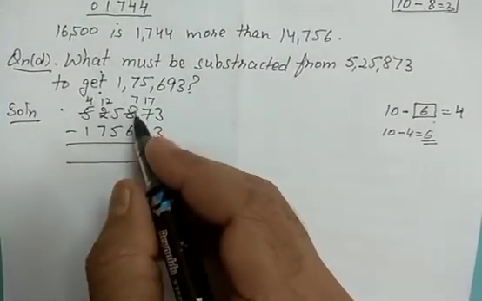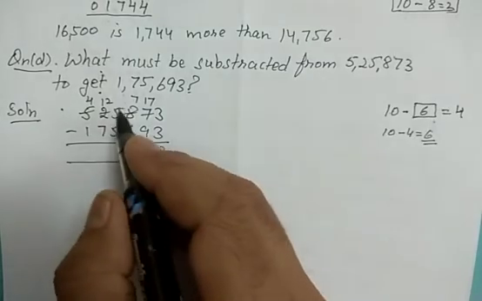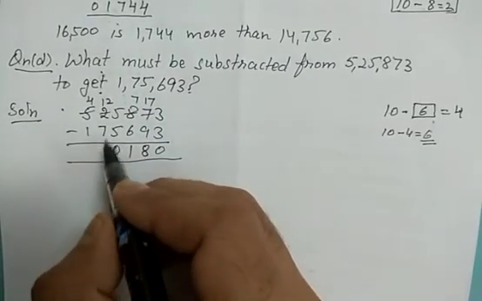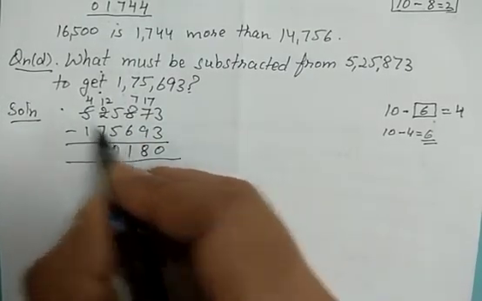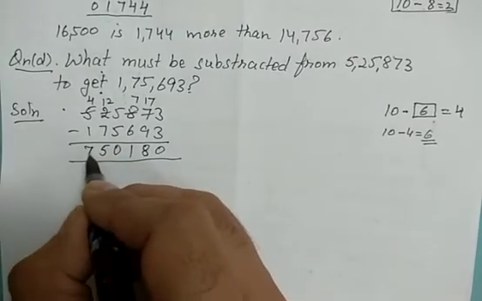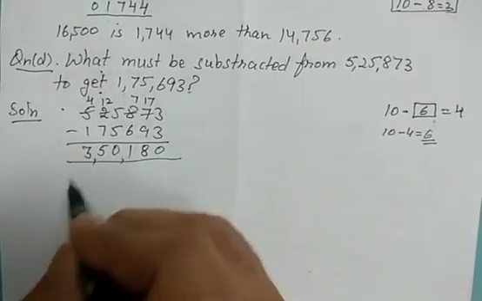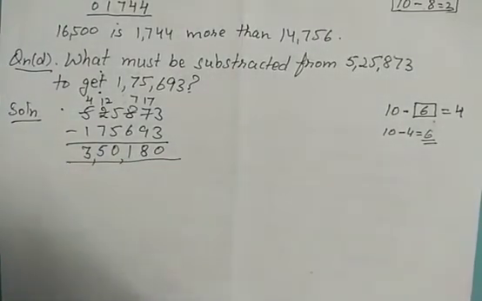Then 7 minus 6 is 1. 5 minus 5 is 0. 12 minus 7 is 5. And 4 minus 1 is 3. So this is the required number.